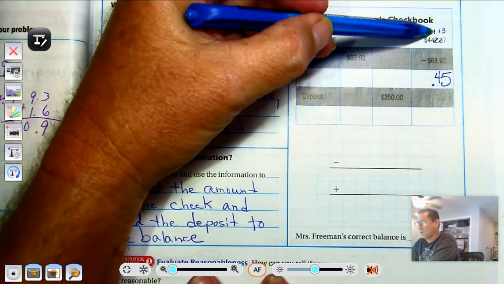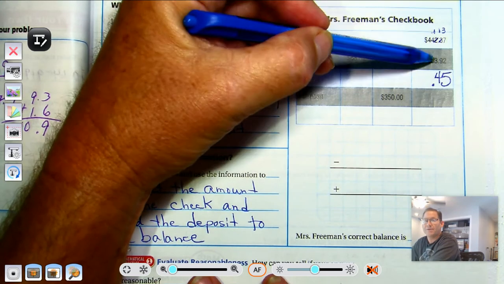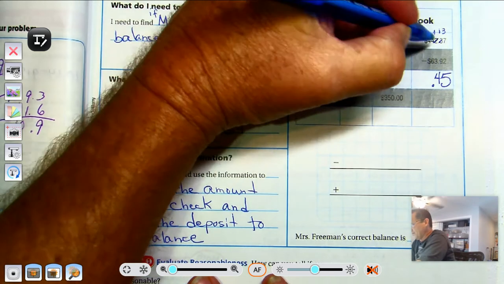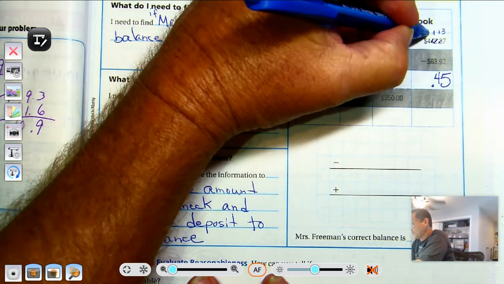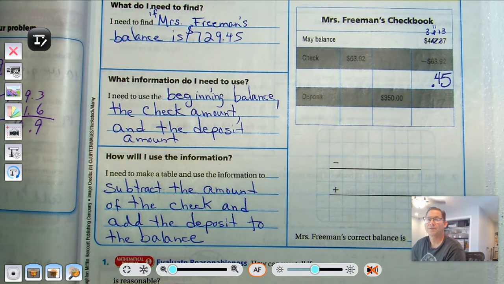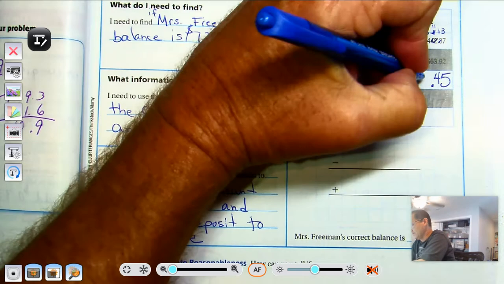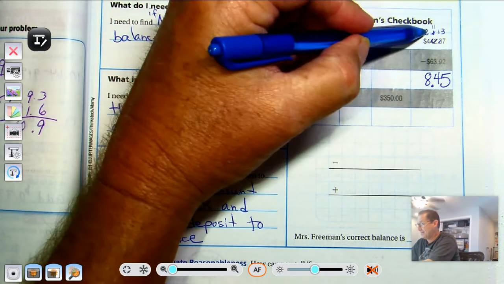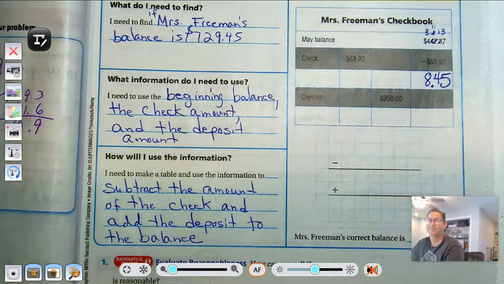And we have $1 and we have to take away $3. Can't do that. So let's borrow from the tens and give 1/10 to the ones. So 11 ones, take away 3 ones, is 8 ones. Now I have 3 tens, and I have to take away 6 tens.